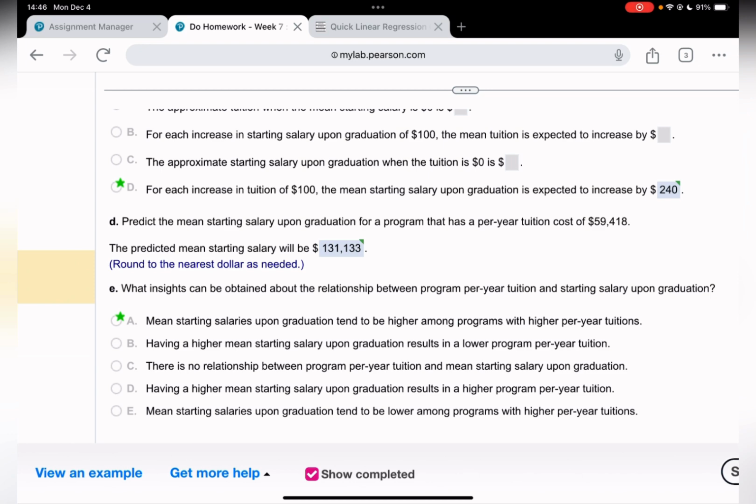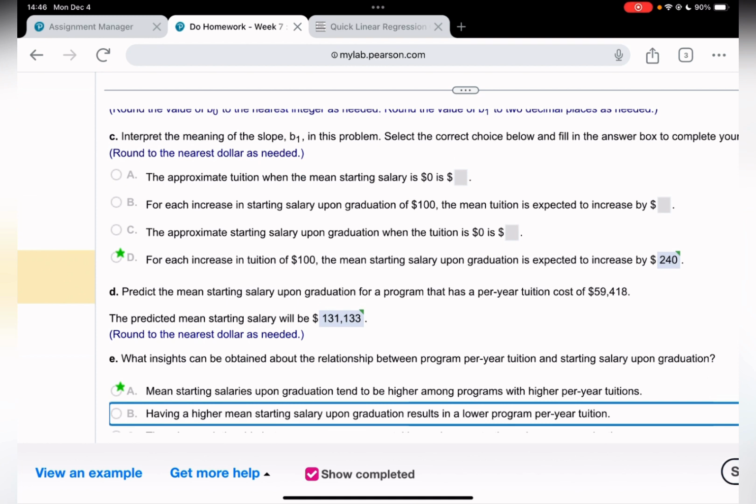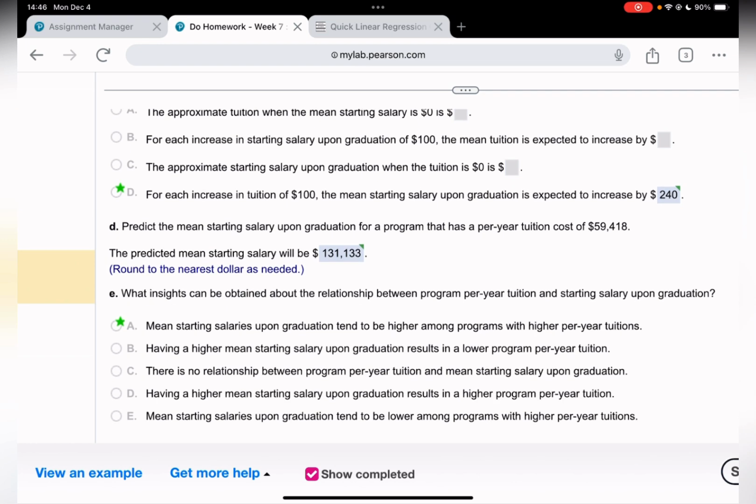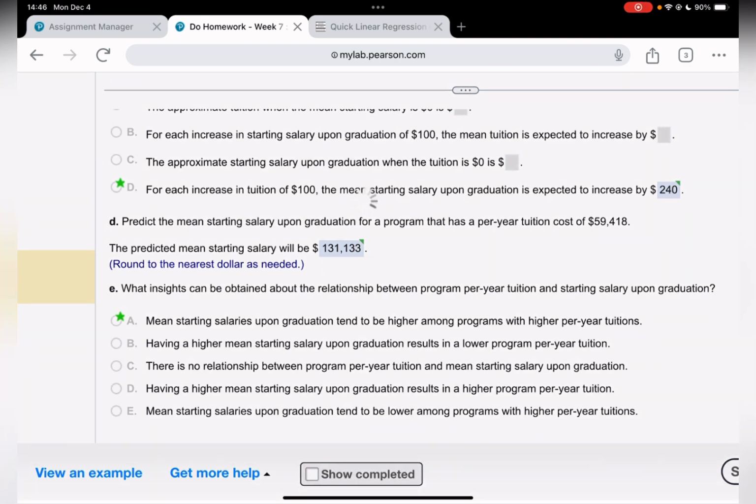So let's see, starting salary 131 and tuition, for each 100, the mean starting salary upon graduation is expected to increase to 140. Yes, that's the answer in C. So the mean starting salary upon graduation tends to be higher among programs with higher per year tuition.